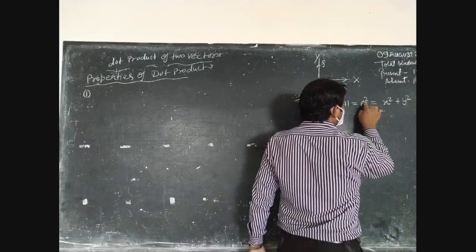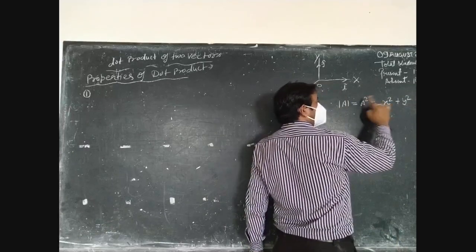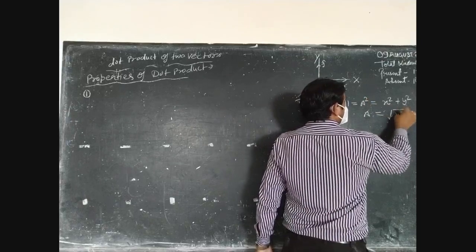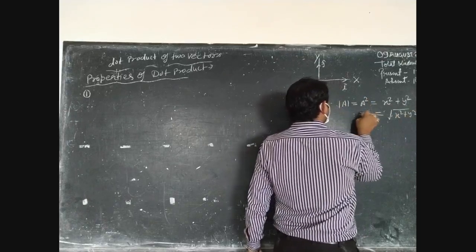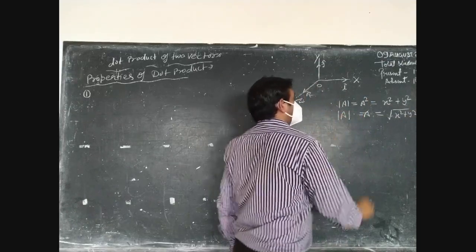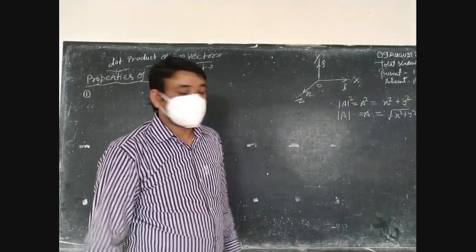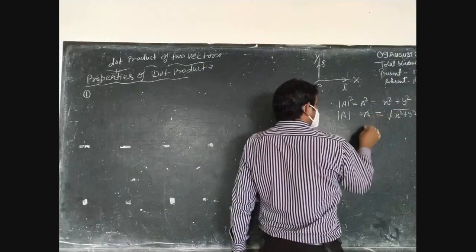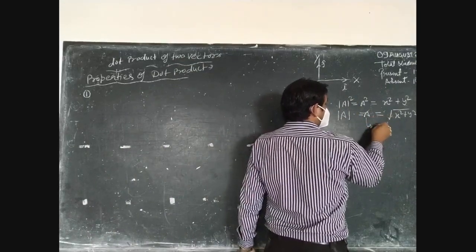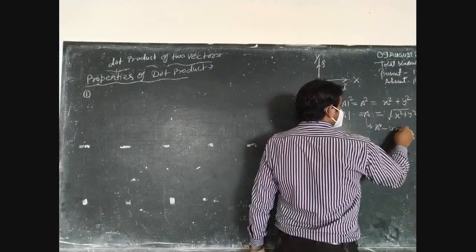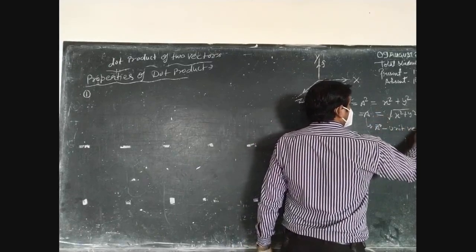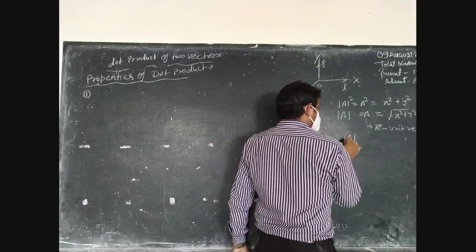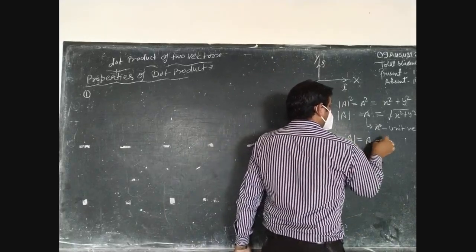When you take the square root, you will get the value of the modulus of vector A. Now, if vector A is a unit vector, the magnitude of modulus of A is always 1.